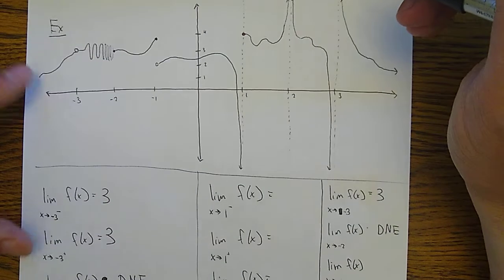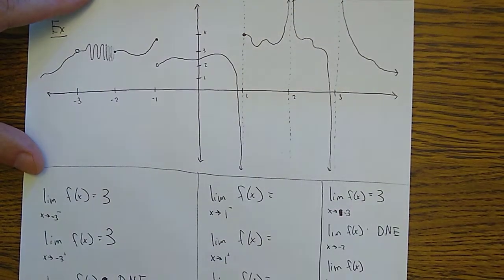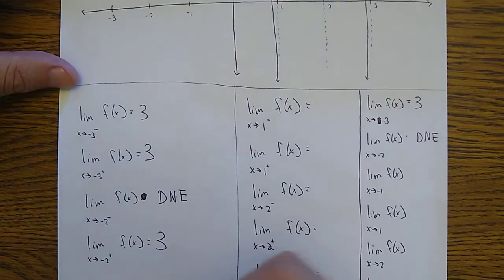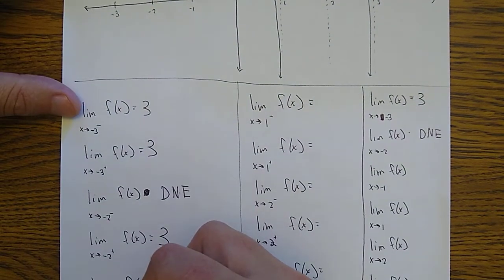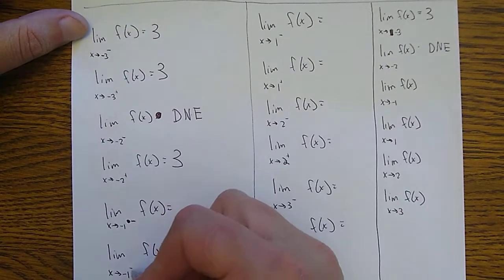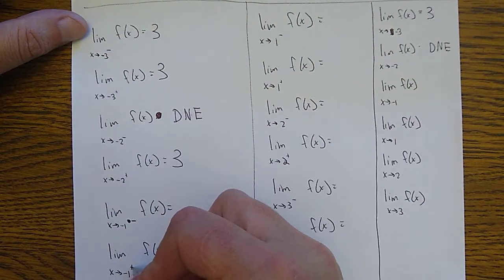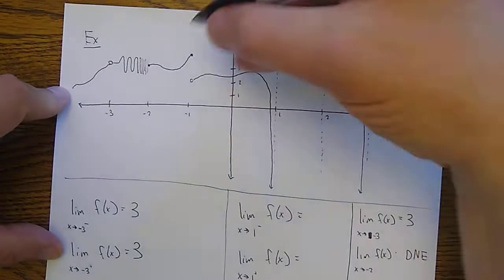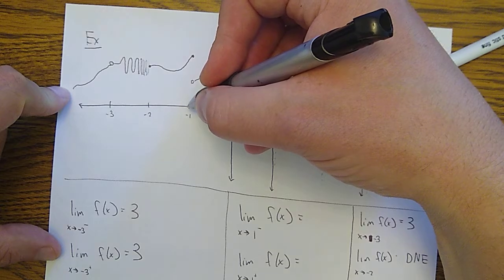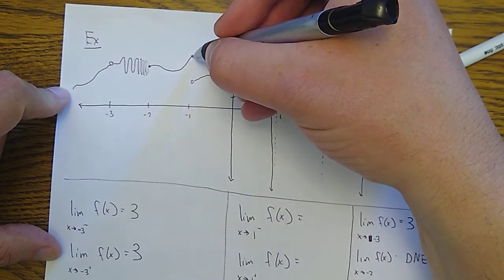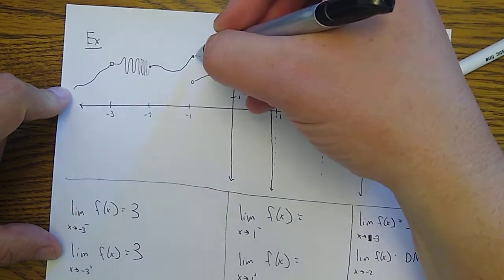Okay, so moving on. What happens when x goes to -1? Maybe I'm going a little bit out of order. Let's do -1 from the left and then -1 from the right. There's nothing too crazy happening on -1. If we go from the left, it looks like it's approaching this point, so I'll say 4.